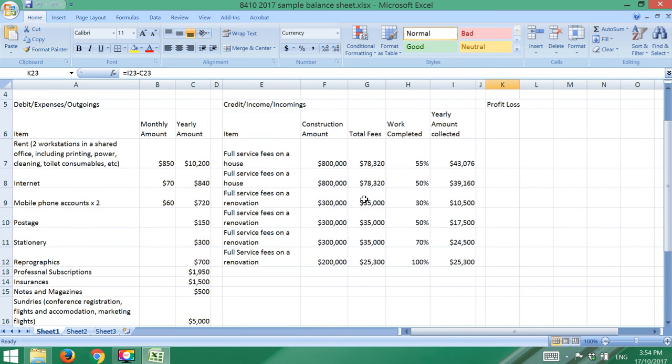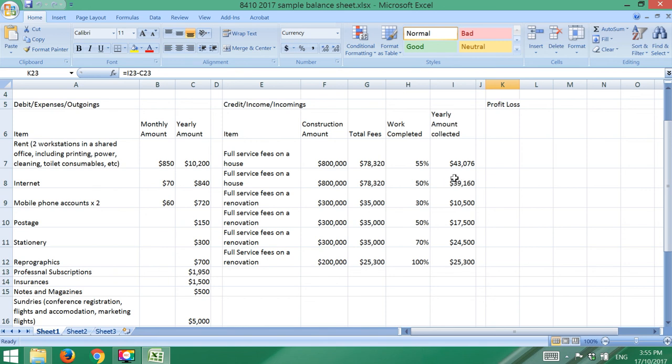The next one is the total fees, and then the next one is the amount of work that we had completed on that project. So needless to say, the yearly amount we could only collect was on the work that we had done.